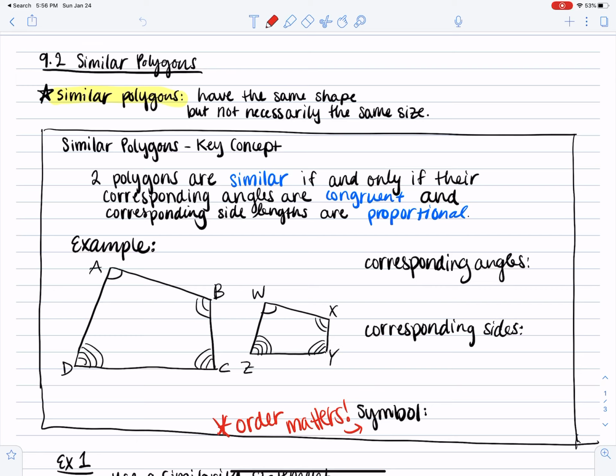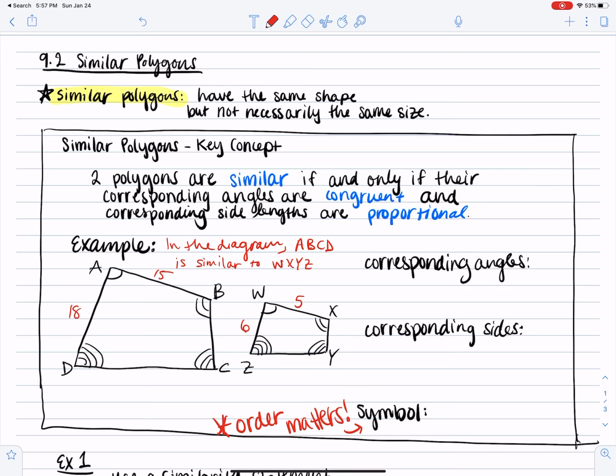So here's our example. The example is the drawing below, and in the diagram, A, B, C, D, oh, sorry, not proportional, is similar, that's the new vocab word, to W, X, Y, Z. And there's some numbers here, 15, that one's 5, the matching one is 5, this one's 18, the matching one is 6.